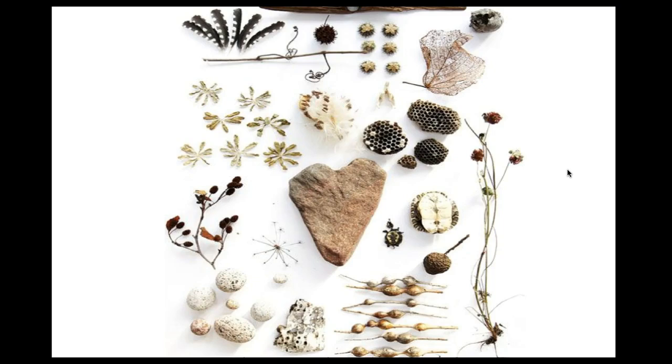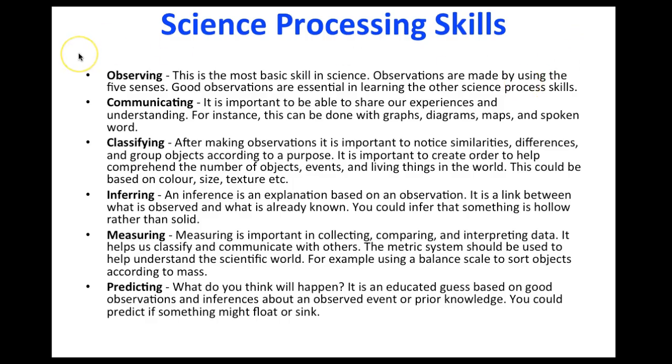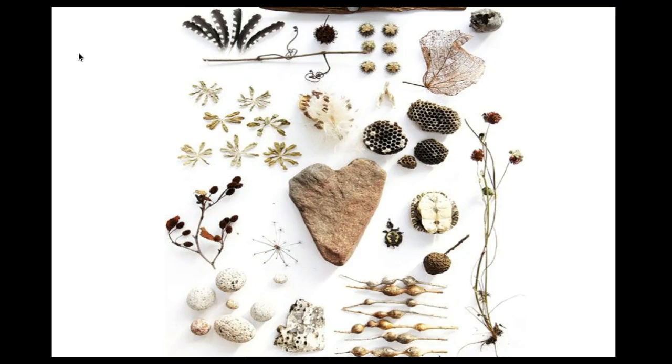So for instance, you look at this picture and I would focus on one of these objects. Say the stones. If you look down at the bottom of these stones, there's 5 here, and they're all similar, but so you see 5 stones. Some are oval, some are round, some are small, some are large.